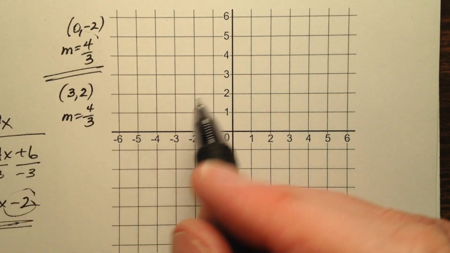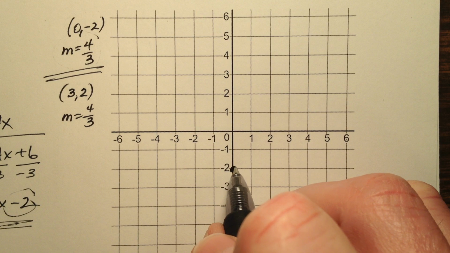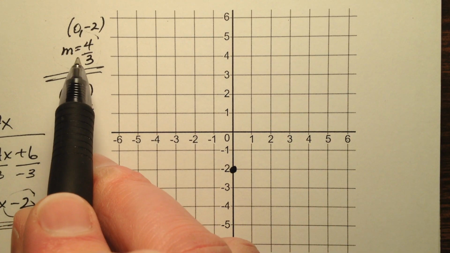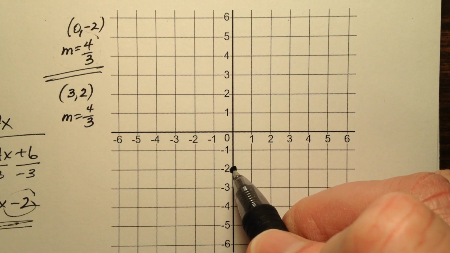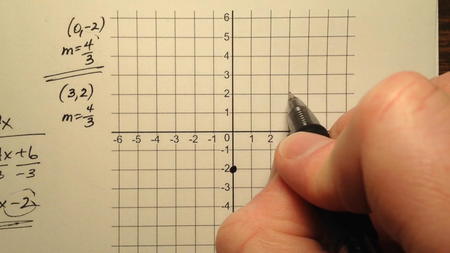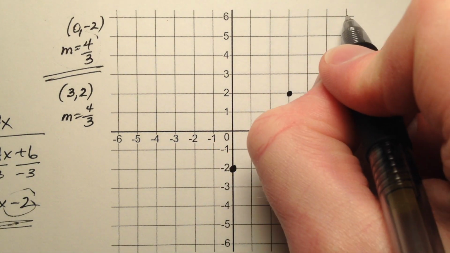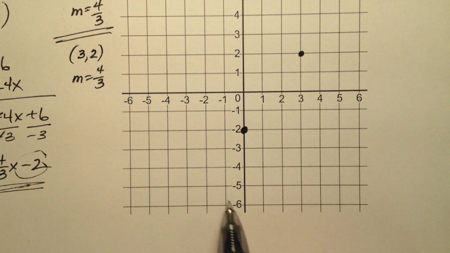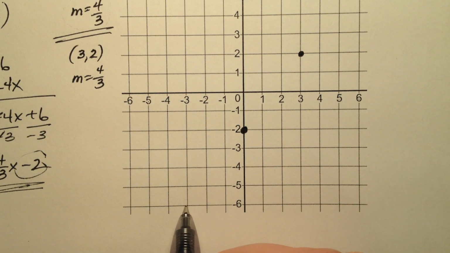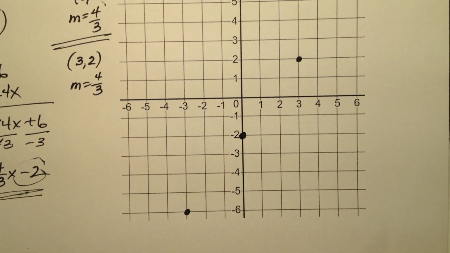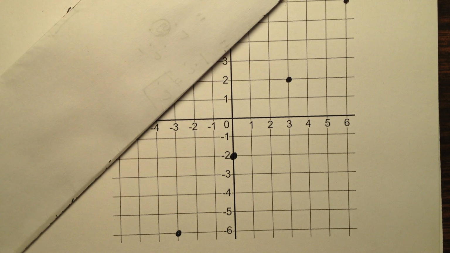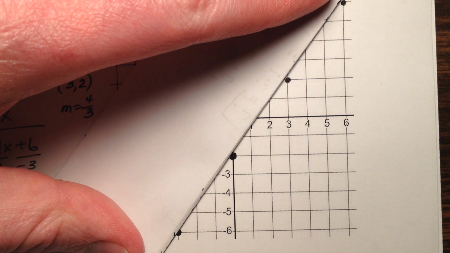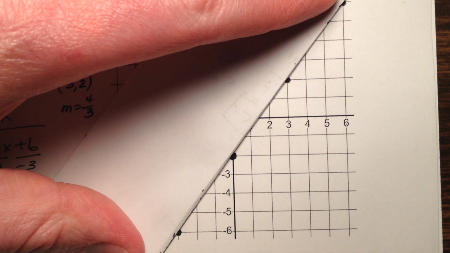So let's go ahead and start with the first one. 0, negative 2 will be my starting point, and I'm going to use the slope 4/3, so rise over run, up 4 over 3, up 4 over 3, or of course I can go down 4 and back 3. So there's my first line. Let's go ahead and grab my straight edge here and draw the line in.